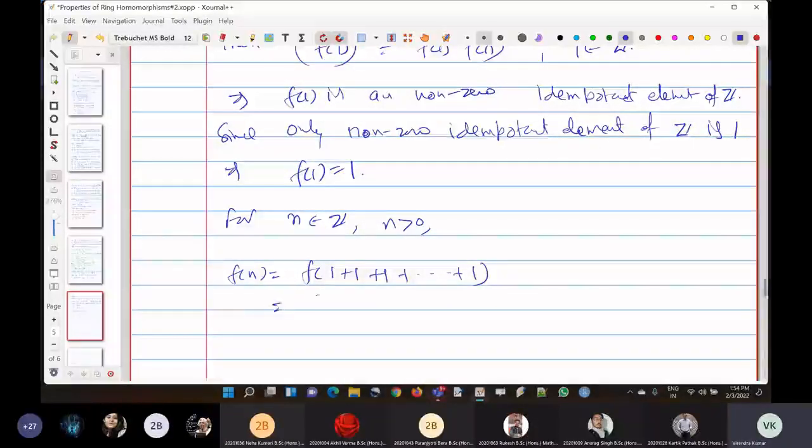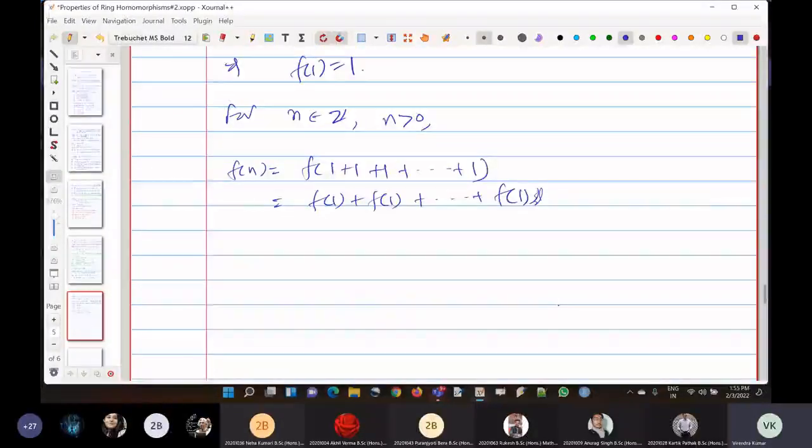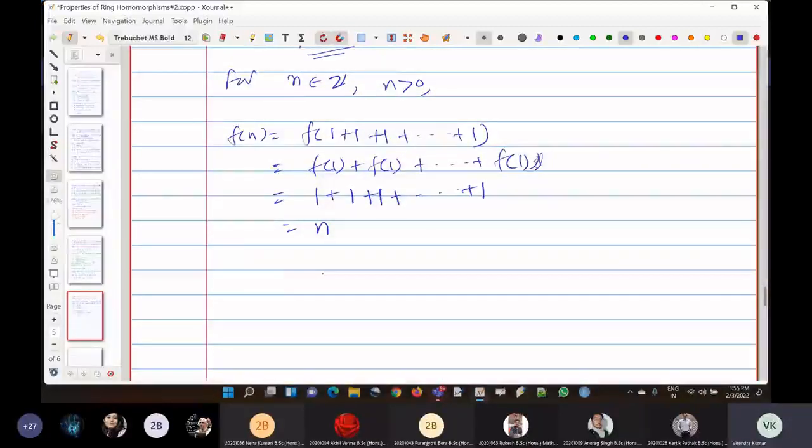And then we can write f of 1 plus f of 1, n times, because f is a homomorphism. And because f of 1 is 1, we can write 1 plus 1 plus 1 plus dot dot dot plus 1. So here we are getting n. So this is the case when n is greater than 0.